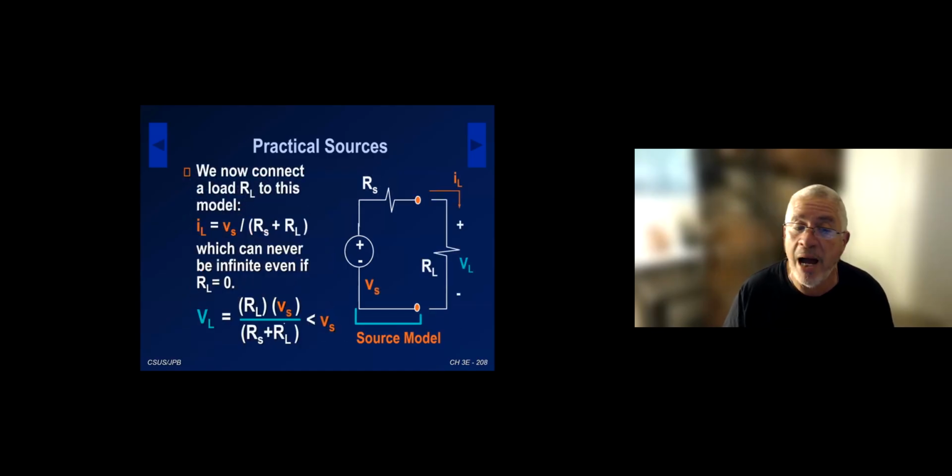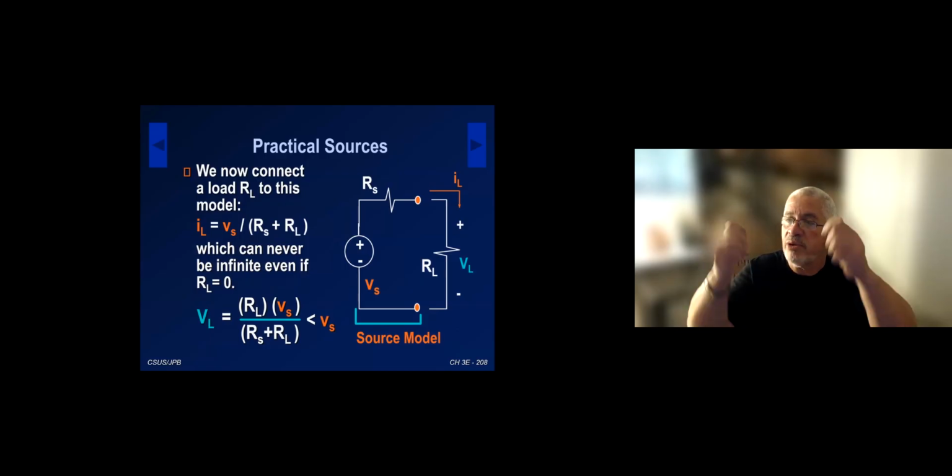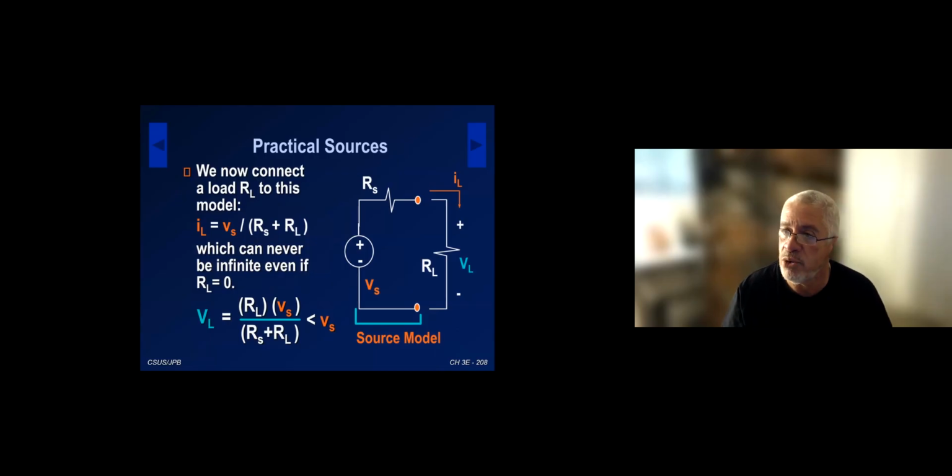If we now connect a load resistance, some resistance RL, you can see that the current to that load is going to be, by Ohm's law, Vs divided by the sum of the resistances, RL plus Rs. So even in the case when RL is set to 0, when we short circuit the two terminals of a source, you will draw a large amount of current, but not an infinite current.